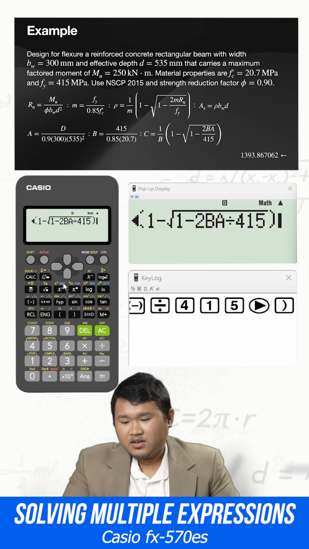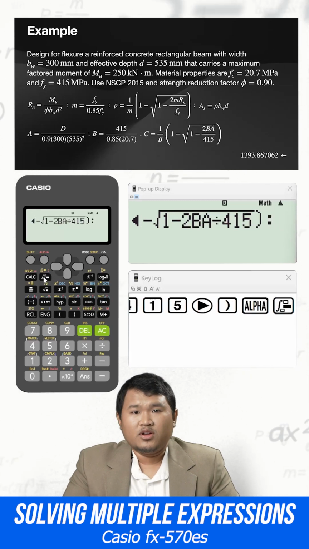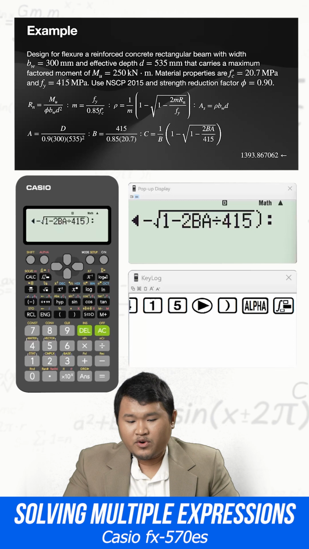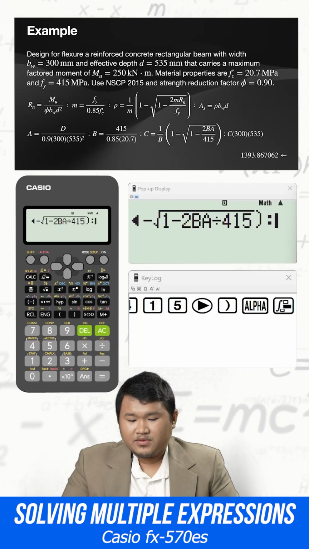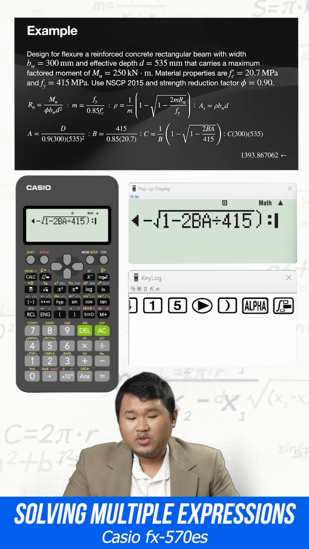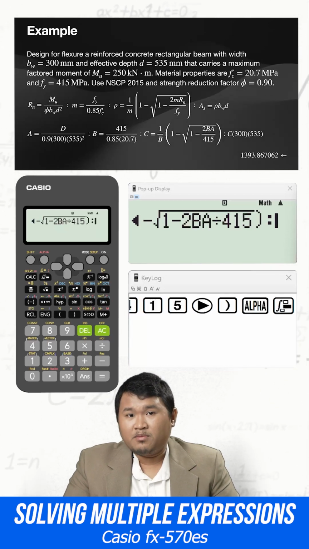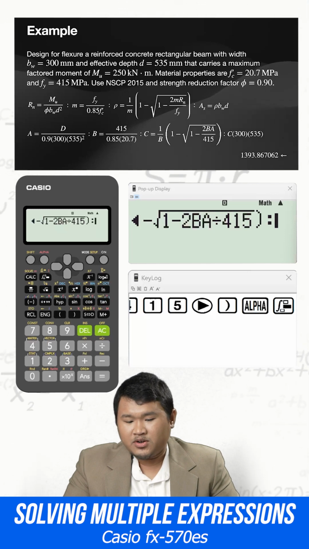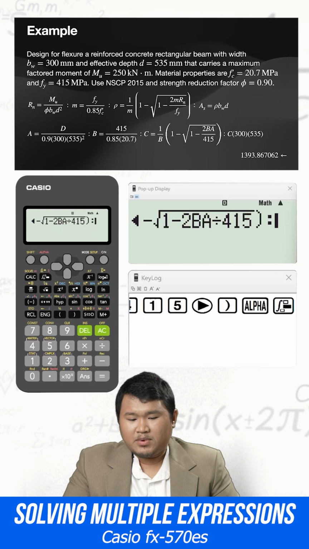And finally, we have the final colon operator: alpha, and then the integral symbol. And then we can input the fourth formula, which is this one, ρ bw d. Since this is already the last formula and this is our desired answer, we do not need to assign an equal sign to this formula.